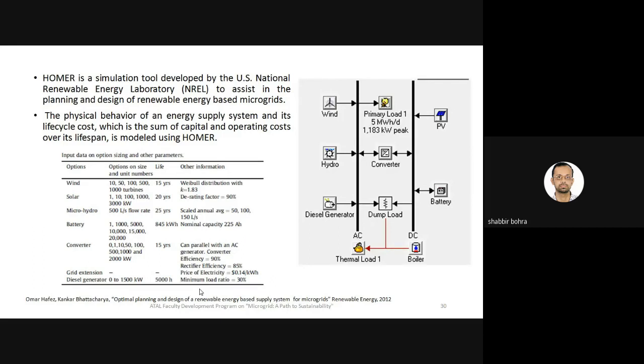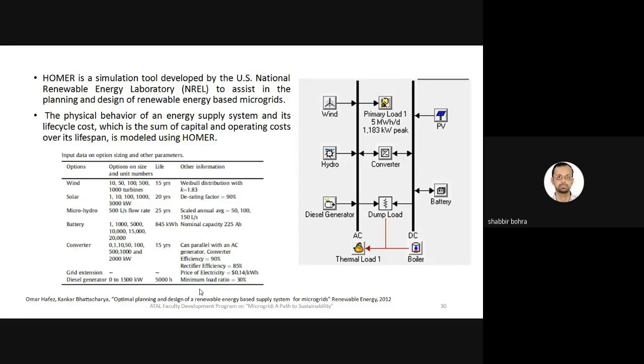They have taken different sources and options, on different sizes and units, and life of the different components, and how they have used them. For example, for the variable distribution for solar, the derating factor they considered is around 90%.